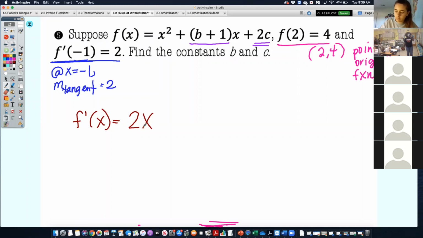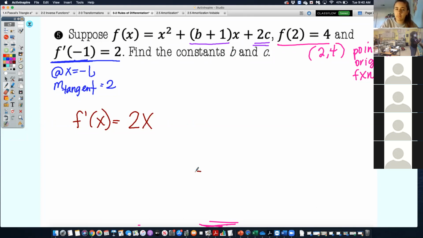Very good. Now over here, I have (b plus 1)x. Remember, b plus 1 is nothing but a constant. So this is a constant times x. What's the derivative of that? 0? That would be for a constant only.